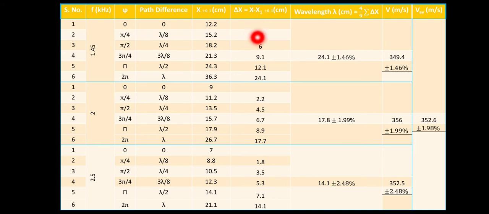Relative accuracy, percentage accuracy of this part difference is plus minus 0.1 upon 3 into 100, and for this plus minus 0.1 upon 6 into 100, and for plus minus 0.1 upon 9.1 into 100. Similarly this and this.